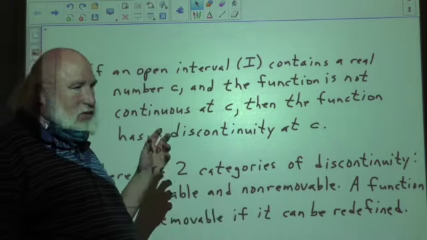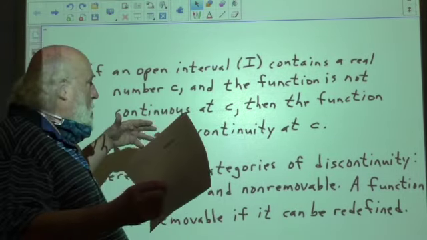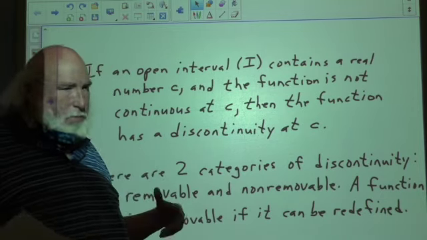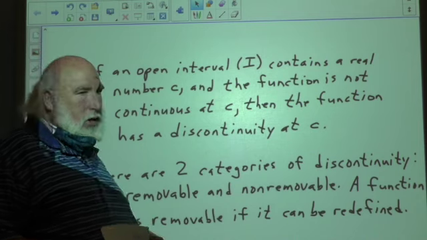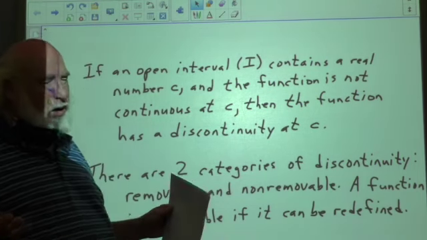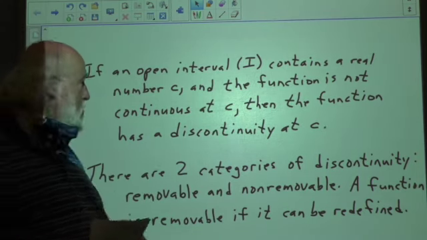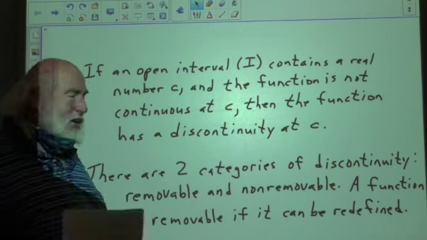Okay, so if there's any point that you pick between the two ends, with a and b, or negative infinity, positive infinity, whatever your starting and ending points are that are not included in that, and it's the same for closed intervals, which instead of using parentheses we use brackets. It's the same idea.